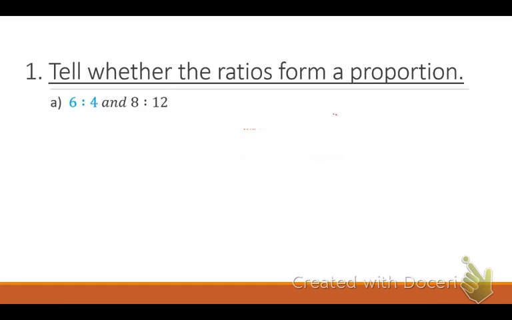Tell whether the ratios form a proportion. Let's first set up my ratios as fractions: 6 to 4 and 8 to 12.